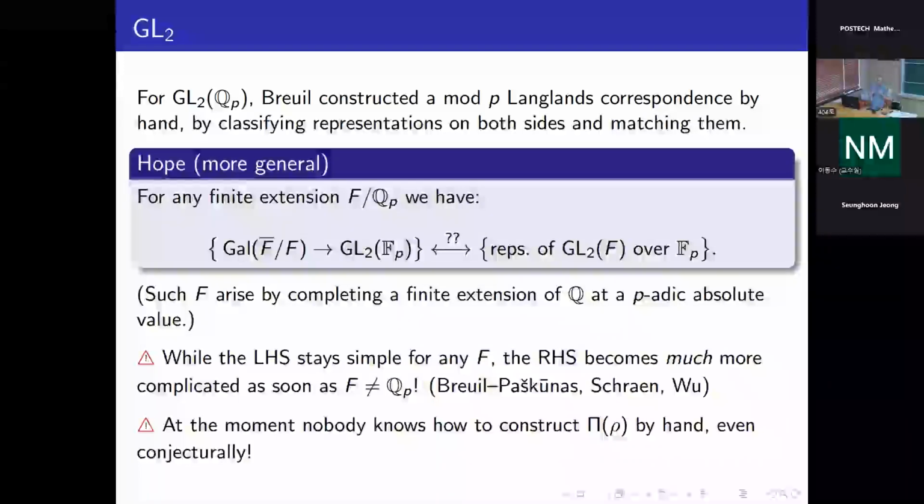Because it's an amalgam, you just need to give representations of two different groups that agree on the overlap. And they found a kind of ingenious way to do that. I think this even works in a function field setting. But I don't know what one would hope in that situation.